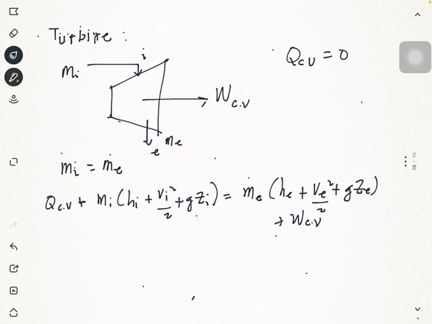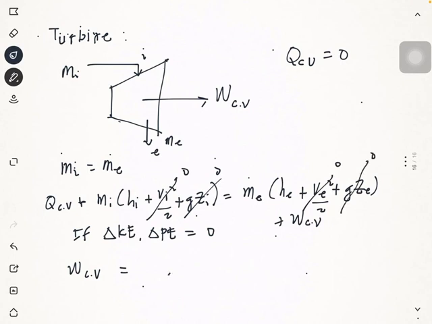If the change in kinetic and potential energy is 0, and also the Q is 0, then the work of our control volume, since m is equivalent to m_i and m_e, is m times (h_i minus h_e).